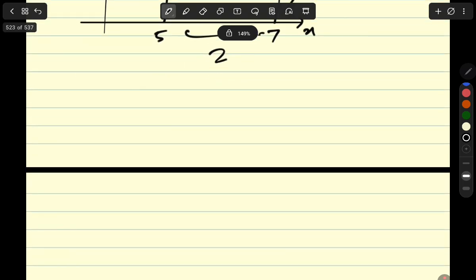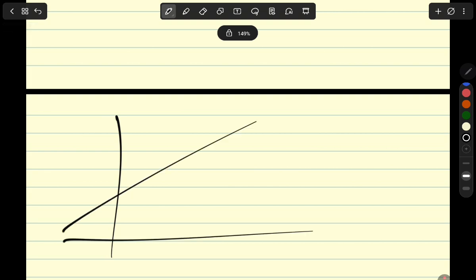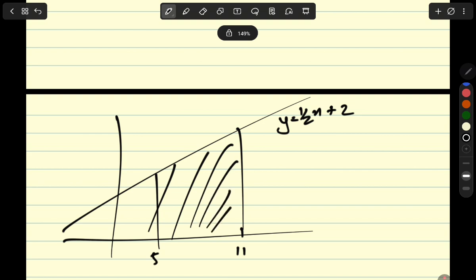What if you have another line going like this and you want to find this area? Let's say this line is y equals half x plus 2. Now they want you to find this between 5 and 11. You can see that this is a trapezium. So you can find the function values. At 5, 5 upon 2 plus 2 is 9 upon 2.